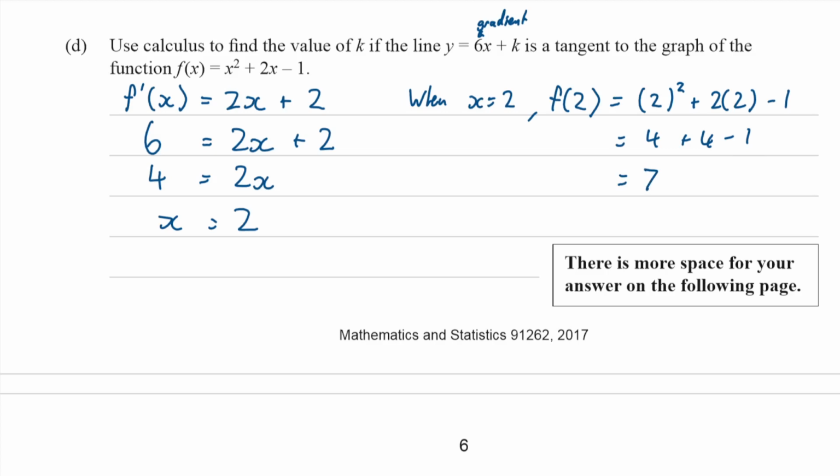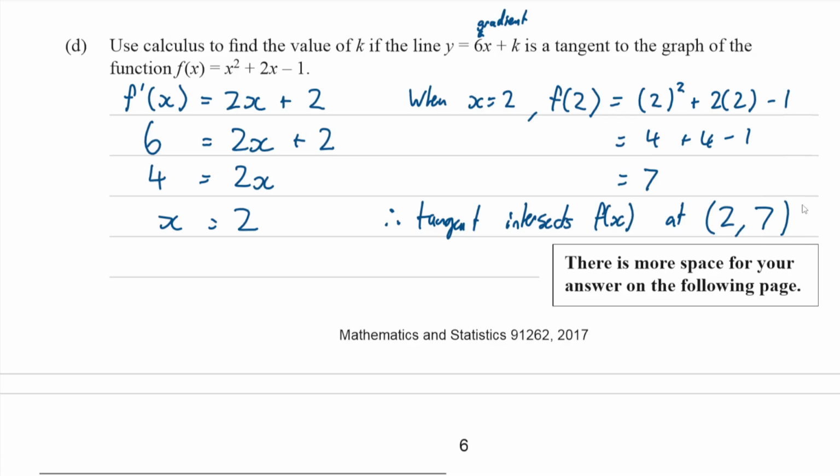So what this tells us, again, back to the sketch, is that we need our tangent line to intersect that point, (2, 7). So therefore, the tangent intersects f of x, our original function, at the x value of 2 and the y value of 7. Because if it doesn't, it can't be a tangent to the graph.